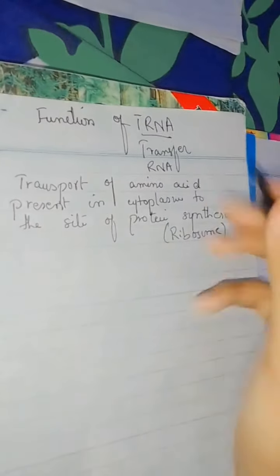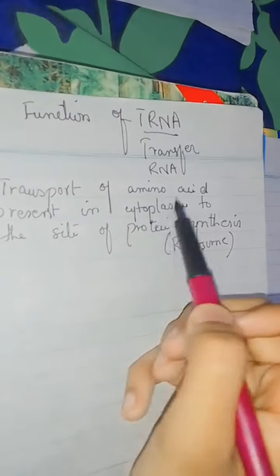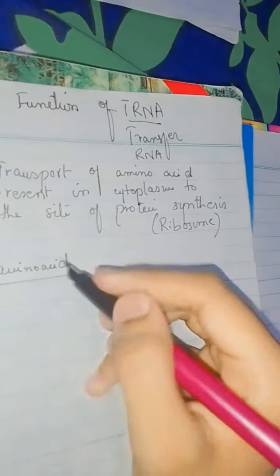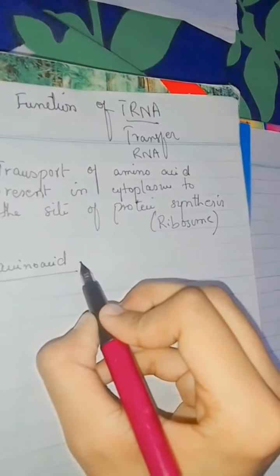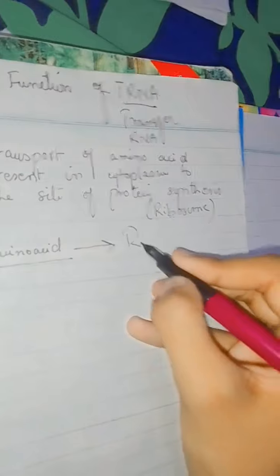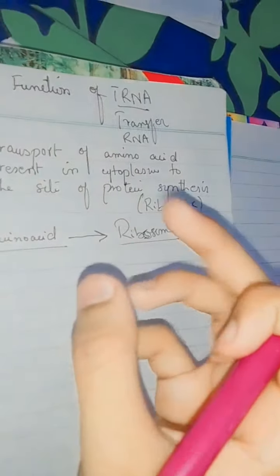So basically the work of the tRNA is that it will carry the amino acid present in the cytoplasm and take it to the ribosome, which will make its protein. So it has one work, to transfer that amino acid from the cytoplasm to the ribosome.